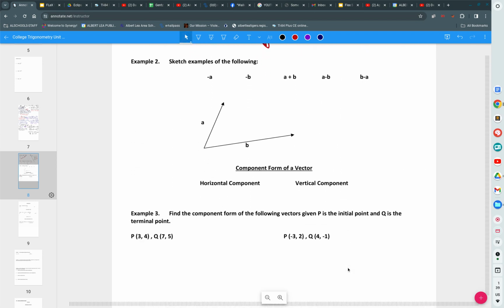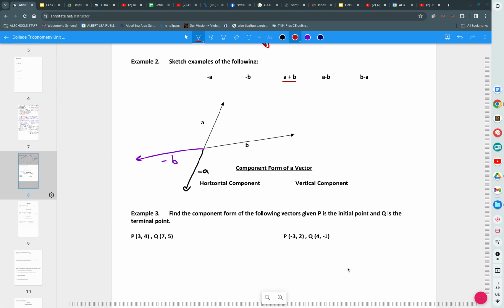So given this is vector A and vector B, let's sketch an example of negative A. So negative A would look like this. Negative B looks like that. And now we're going to draw a geometric representation of what A plus B is.